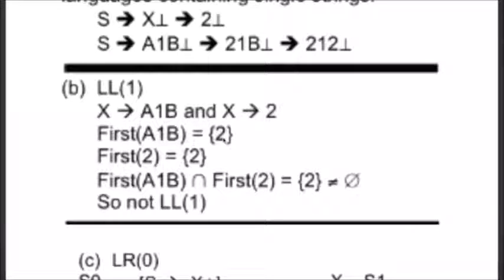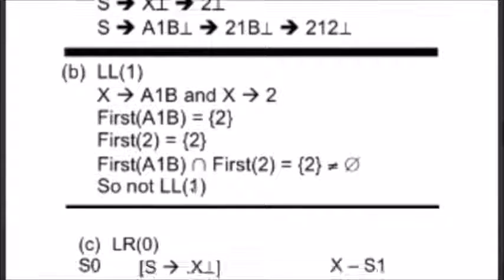Since first of A1B is A, and A points to 2, and first of 2 will be 2 obviously, as it is a terminal. As we can see, the intersection of both is not null, and for any grammar to be LL1, the first sets must have an empty intersection. So it is not LL1.